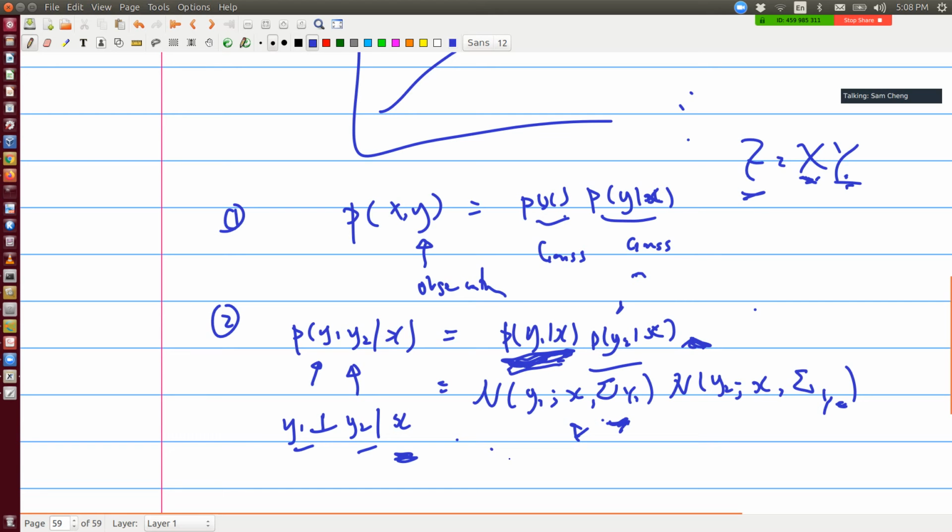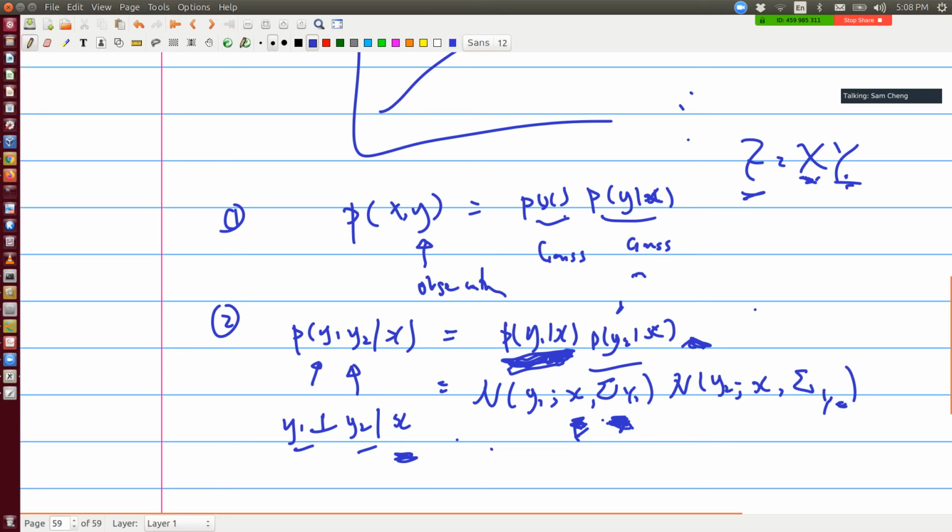That voltmeter has some noise, but the expected measurement should be just the ground truth, just x, with some variance. Why Gaussian? Because there is noise. Of course you can have other kinds of noise, but here we assume Gaussian, like thermal noise.